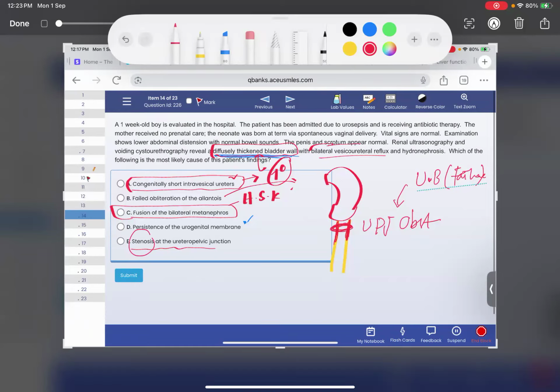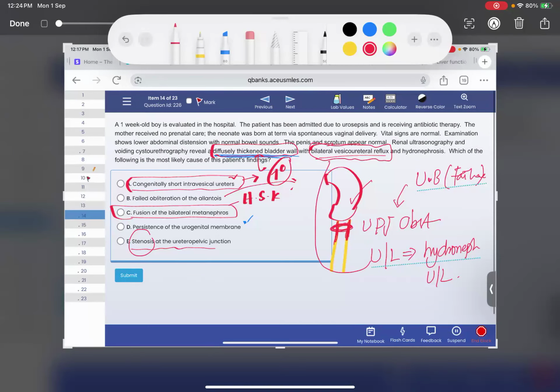So what would it cause? It is usually unilateral, okay? So it will cause what? Hydronephrosis, unilaterally, right? What do we have in our stem? Bilateral vesicoureteral reflux.